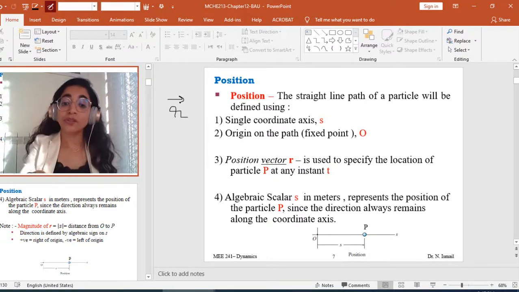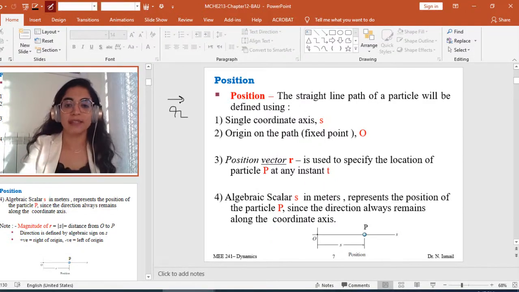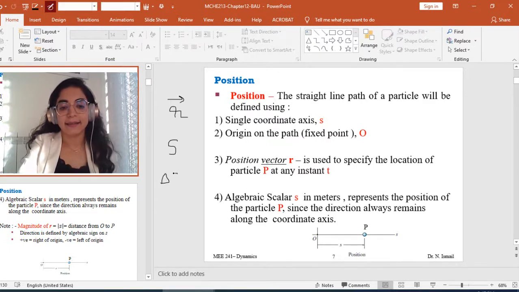And I want you to know that if there is a symbol in bold, this means that it is in vector form. So if there is a symbol in the slides in bold, this means that this is a vector parameter. R, S, delta S, and S total.